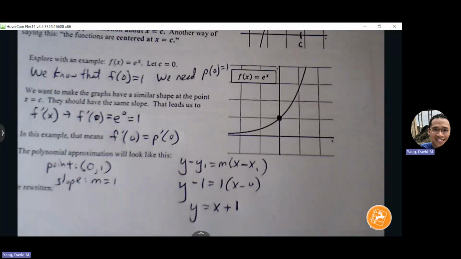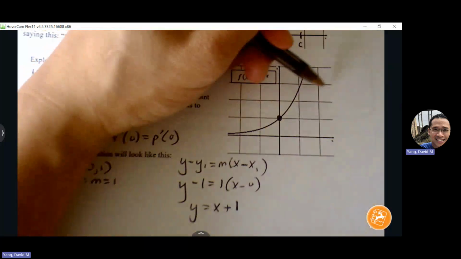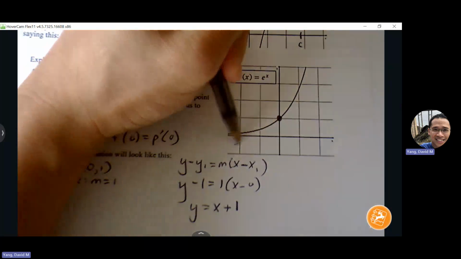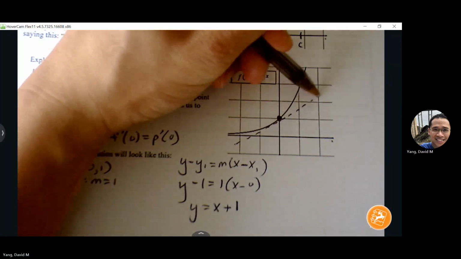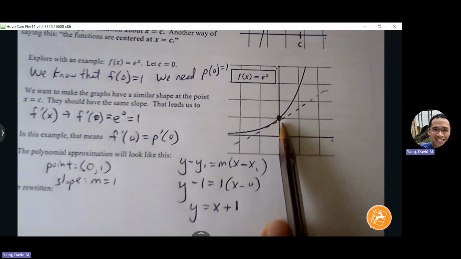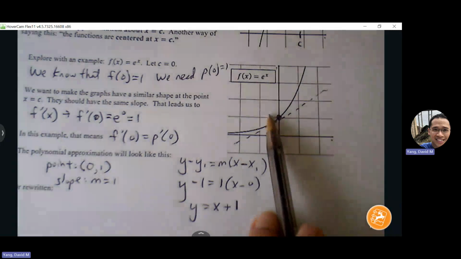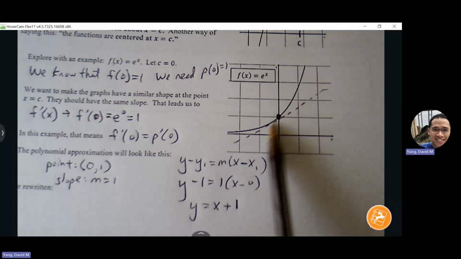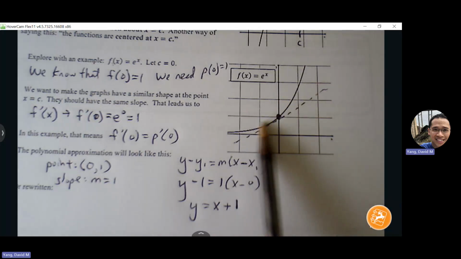Now, if we look at just that x plus 1, this is what the graph looks like here. Y-intercept of 1. If we're close to our center, then the linear approximation can probably do a decent job of approximating, but it's not adapting to the curve at all. So it's not a great approximation, right?